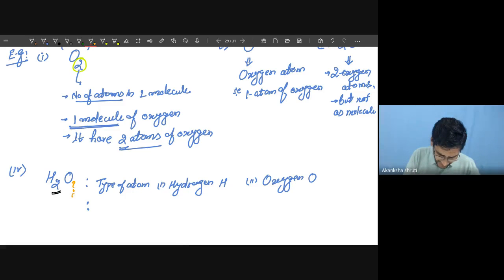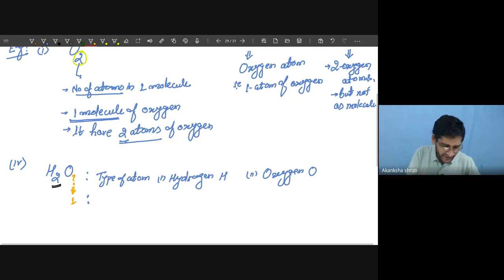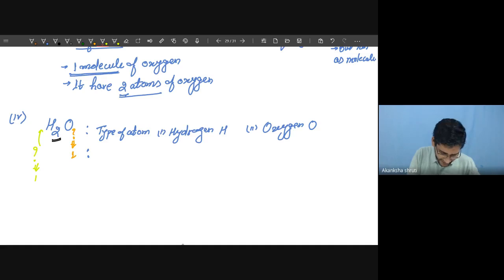Now, the number of molecules is decided by the number before it. What is the number before it? Nothing is written before this entire molecule, so this is also 1. Whatever is written before the molecule gives the number of molecules.